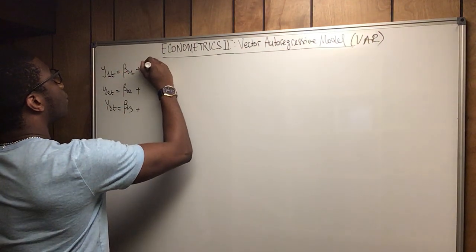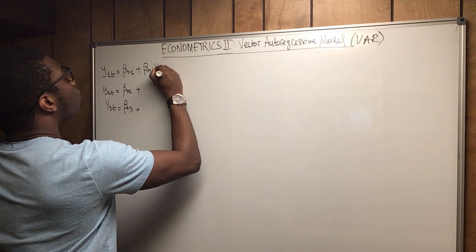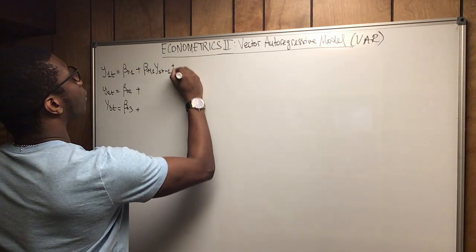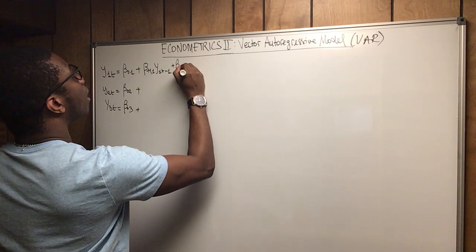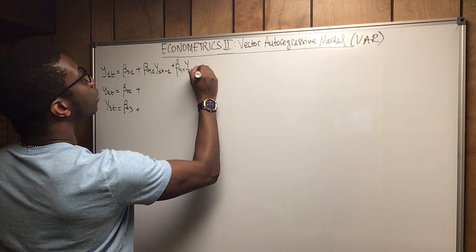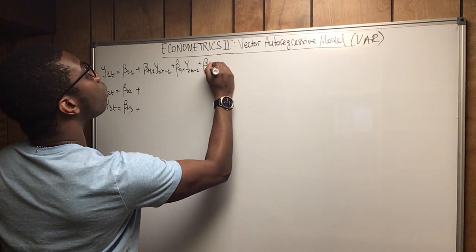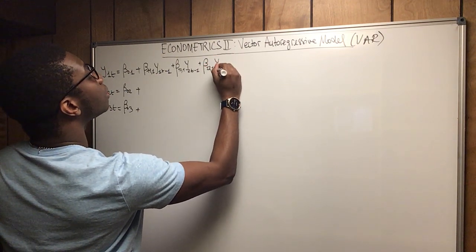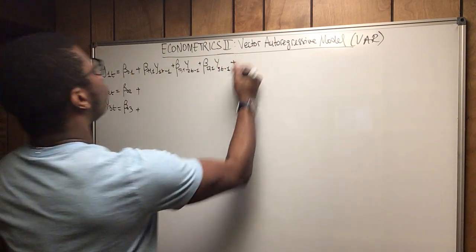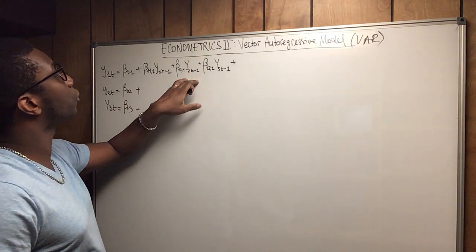So we're going to have beta 11 comma 1 times y1t minus 1 plus beta 12 comma 1 times y2t minus 1 plus beta 13 comma 1 times y3t minus 1. We already finished with the first predictor.